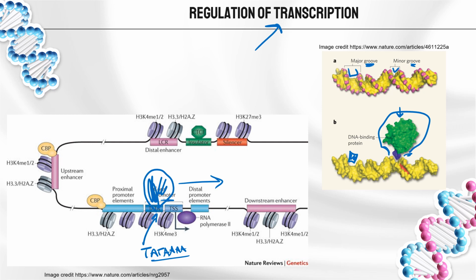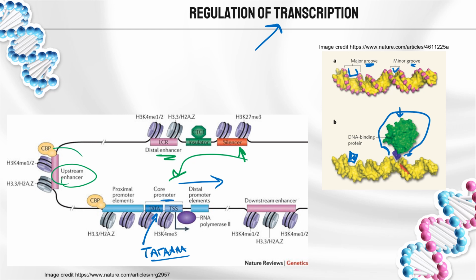But we could also enhance transcription by using, you guessed it, an enhancer. So these guys, if we bind some proteins here, we have extra transcription happening. We have another enhancer here. We also have a silencer, which is kind of like that DNA binding protein shutting down the promoter.